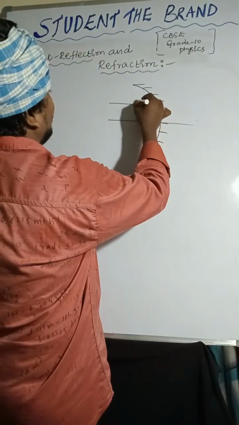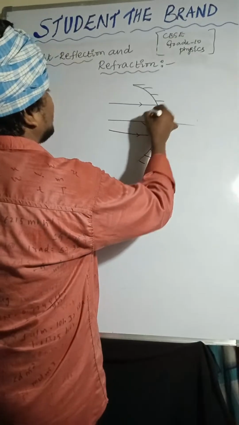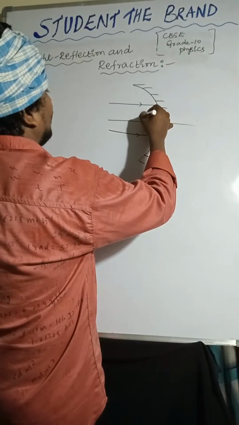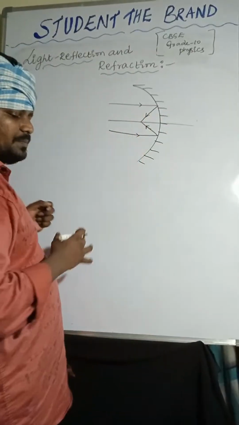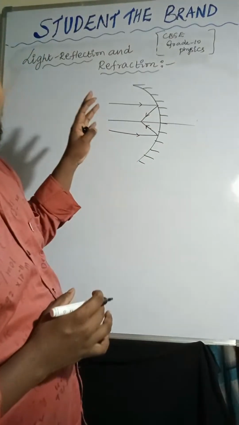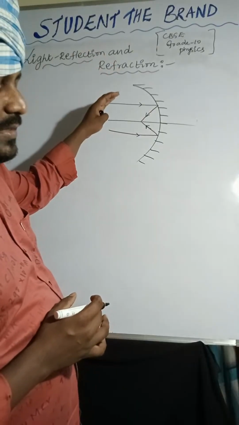So here I am taking, and here also I am considering. After reflection, those light rays are moving towards the principal axis.